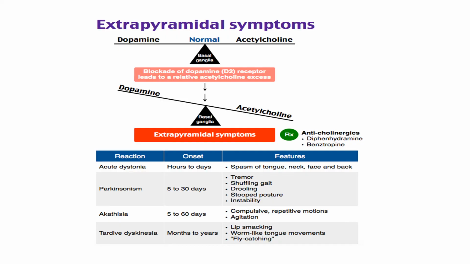So here's another slide on extrapyramidal symptoms. I call them extrapyramidal side effects, really. But so it's this balance of dopamine and acetylcholine. And when you block dopamine with antipsychotic drugs, for example, you're going to get increased acetylcholine in the brain. And that can lead to all of these extrapyramidal symptoms.